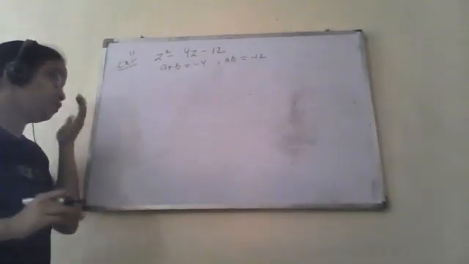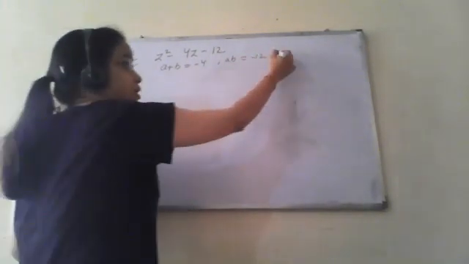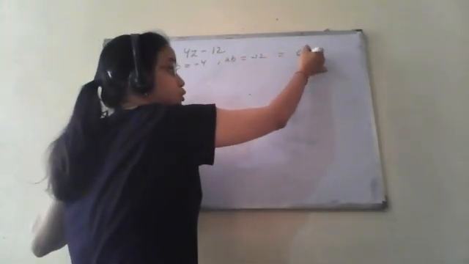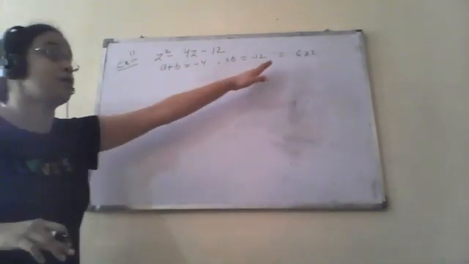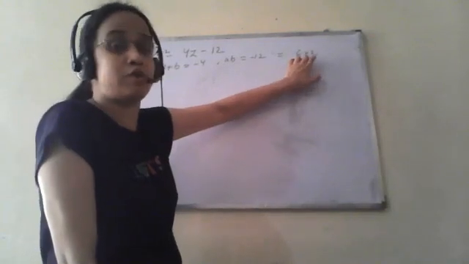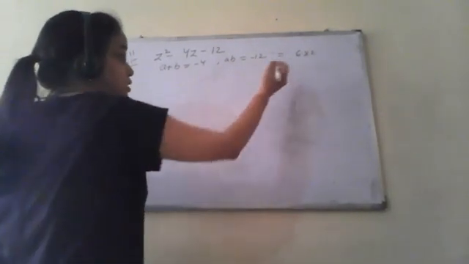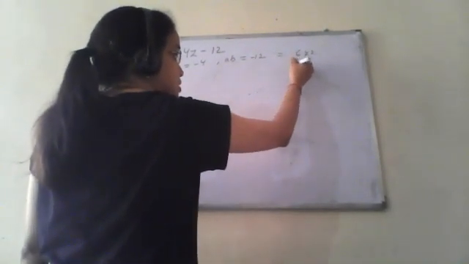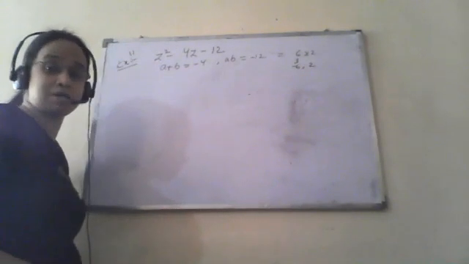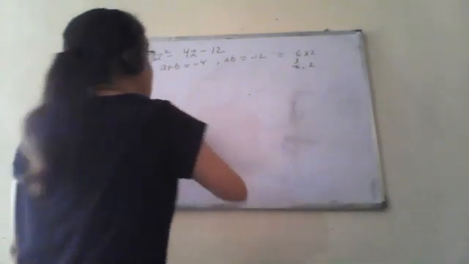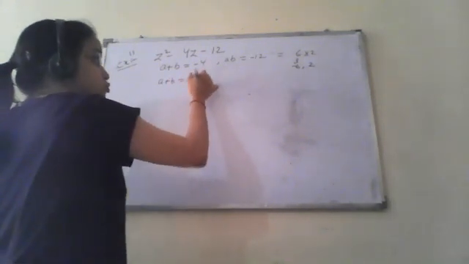So what we have to do is find the factors of 12. It can be written as 6 into 2. But since the product is negative, one of the numbers should have a negative sign. We are not sure which number is negative. Now looking at the a plus b part, this is minus 4.